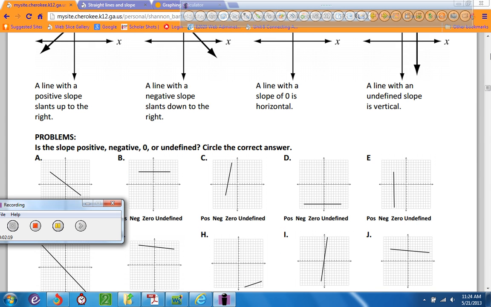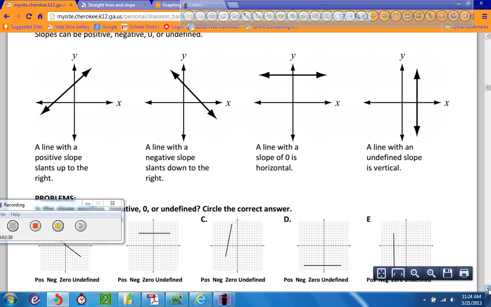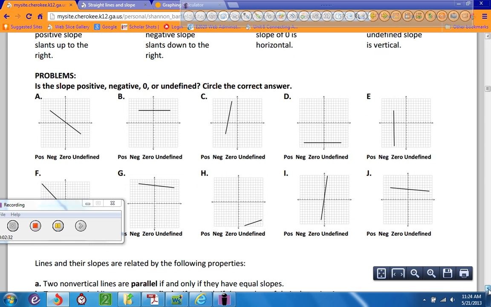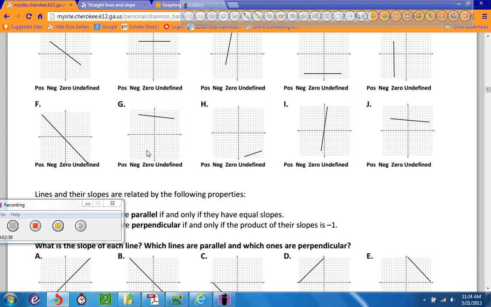Alright, so what I want you to do, again, is from the packet, the slope formula, the one that's page 7 out of 33. You need to go through and tell if it's positive, negative, zero, or undefined.